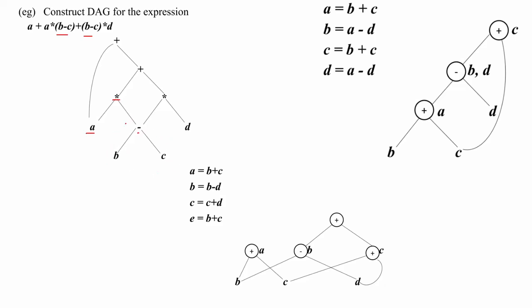Then after that, you go for the second part, that is (B minus C) into D. Here you put the star; your left child will be B minus C and your right child will be D. Here this is the recently computed value of A, B, C and D. Then you have to add these two things. Just put plus; this entire statement will be the left child and this entire statement will be the right child.